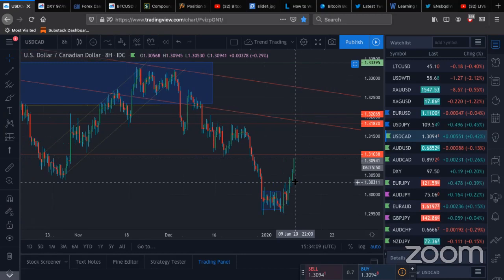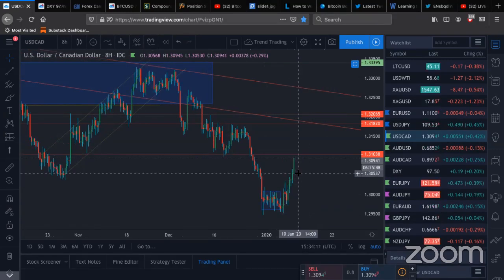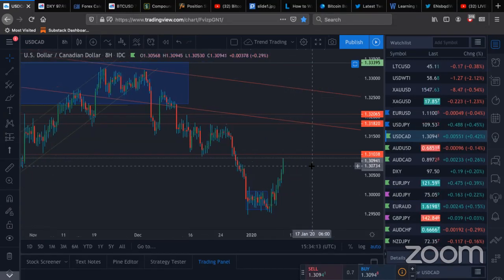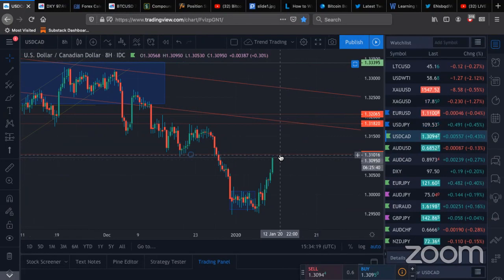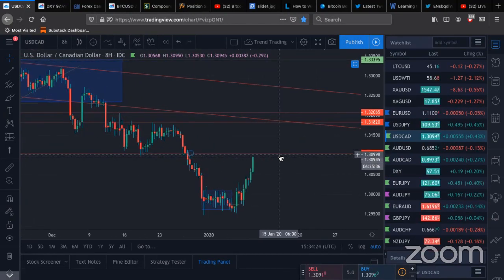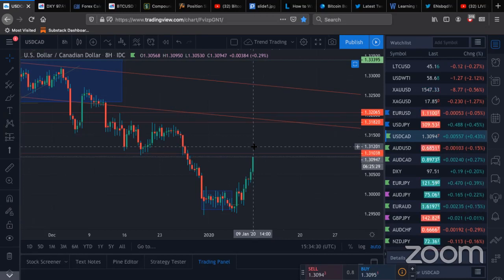Right now, probably a lot of people are getting interested in going long the US dollar, Canadian dollar. This is the worst time to think about getting long the US dollar, Canadian dollar as you come into the resistance here. Wait to see what price does. If you are still looking to get long, you need to wait first and see if this resistance line is broken before you think about getting long here.